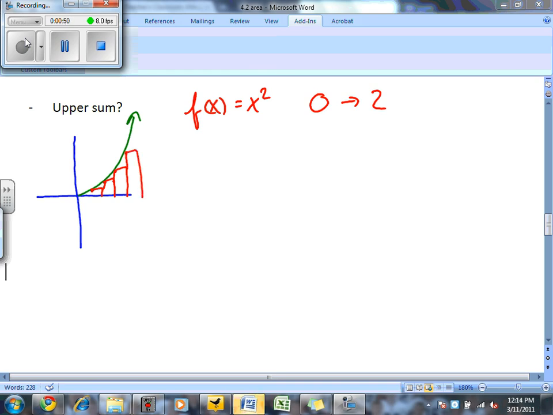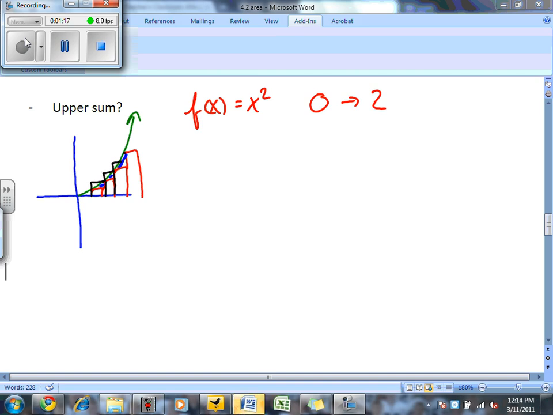If you notice now, because this is what we did in that last problem, my area is going to be less. That's why it's the lower sum. That's the low end of our spectrum. In this case we're going to do the upper sum, so we're looking at the right endpoints. Now my right endpoint's going to be on the graph.